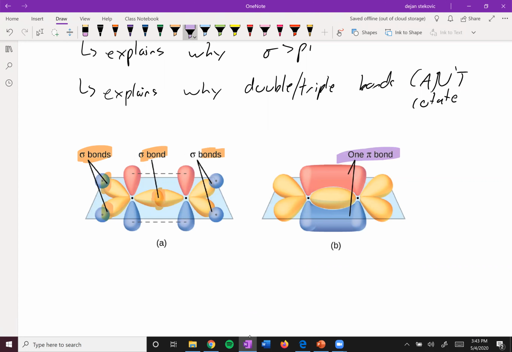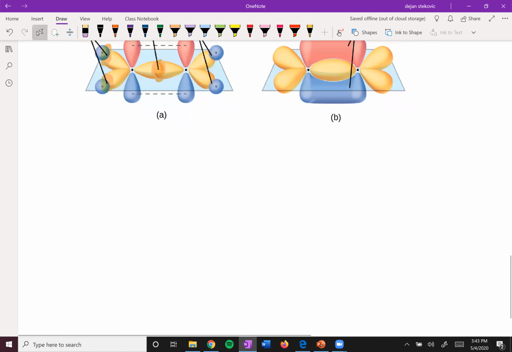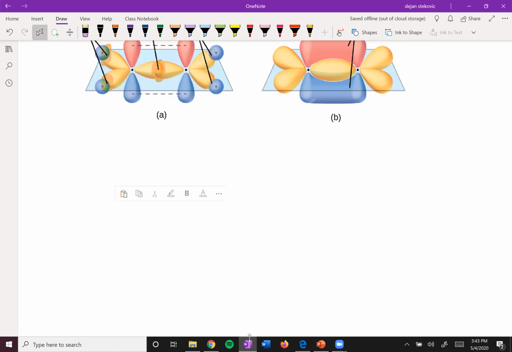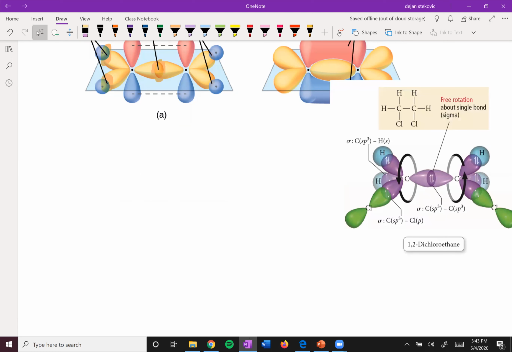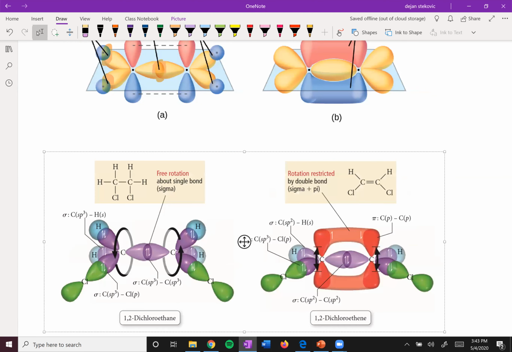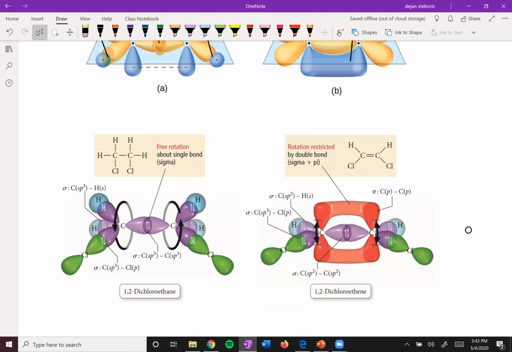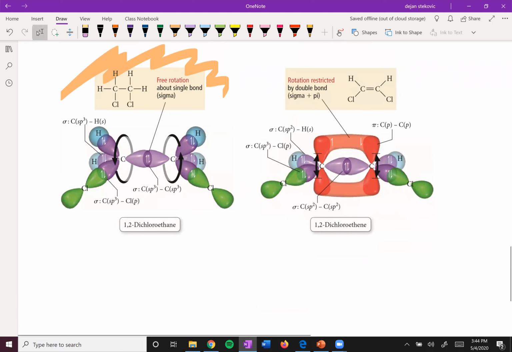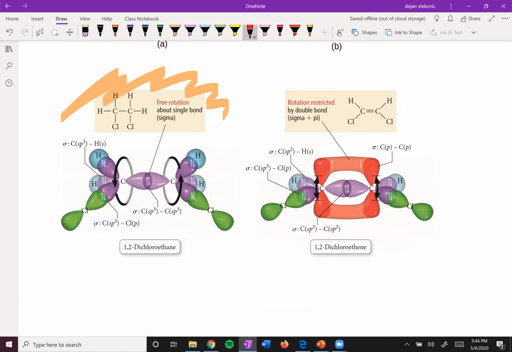If you try to rotate about this double bond, you're going to have to break it, which is shown in this picture right here. You can see on the left here in this sigma bond, you can rotate while still preserving the overlap of the bonds, so you can rotate without breaking the bond.